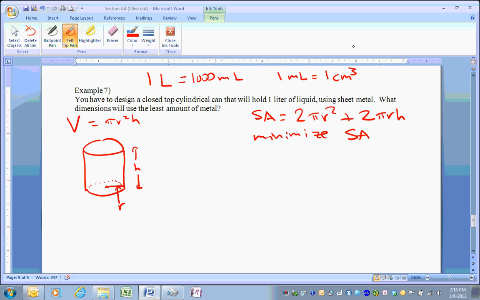So we say 1 liter is 1,000 cubic centimeters. So we can use that for over here.